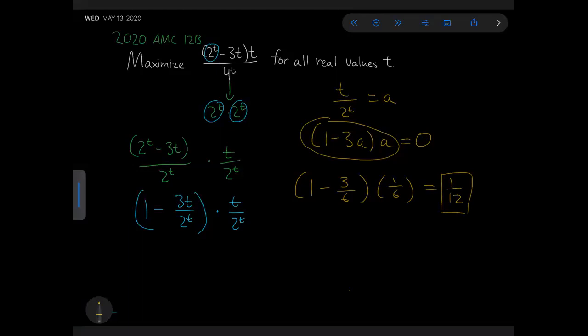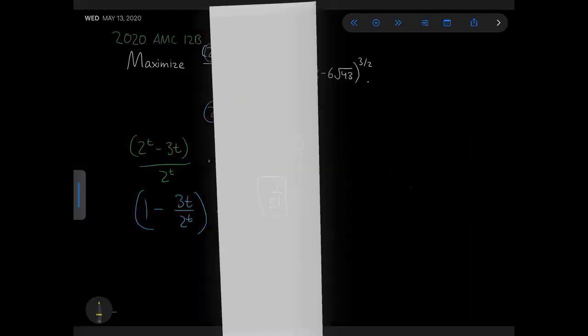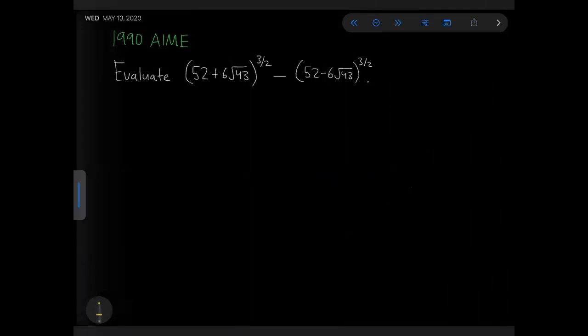All right, let's move on to the next question. We're back to radicals. Let's look at this problem. Evaluate 52 plus 6 square root 43 to the 3/2 minus 52 minus 6 square root 43 to the 3/2.